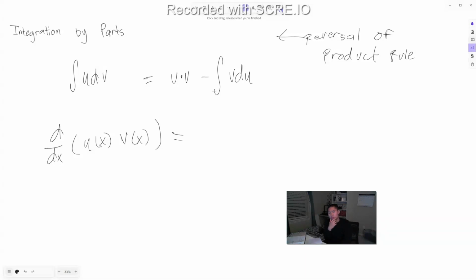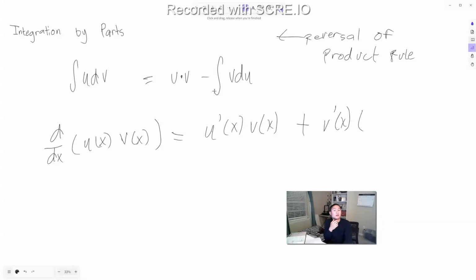If we take the derivative of two functions that are multiplied together, we get the derivative of the first function, or whichever one, it doesn't really matter, multiplied by the second function, plus the derivative of the other function multiplied by the other function.